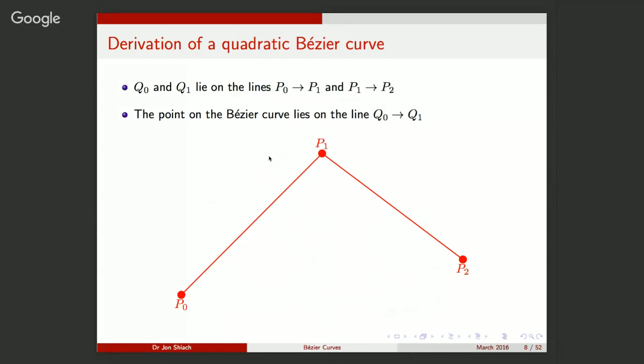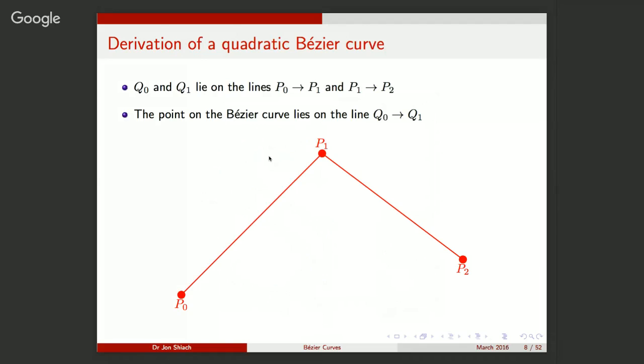So let's have a look at the derivation of a quadratic curve. I mentioned that a degree n Bezier curve means n plus 1 control points, so therefore we have 3 control points. It's convention to start your numbering at 0, so the 3 control points are P0, P1, and P2.